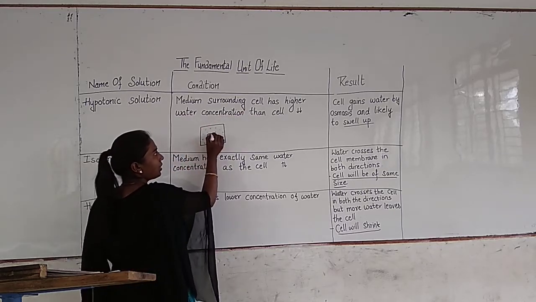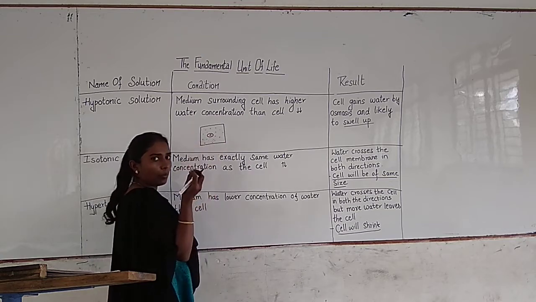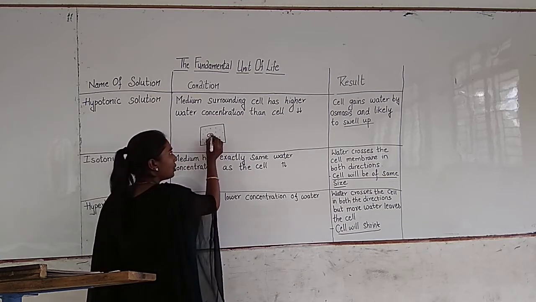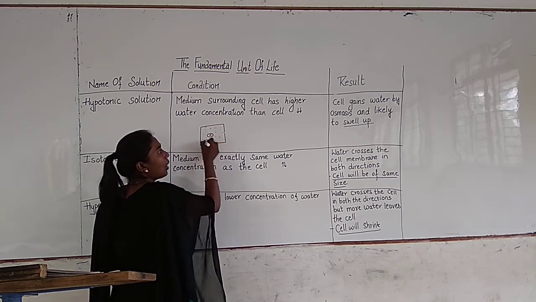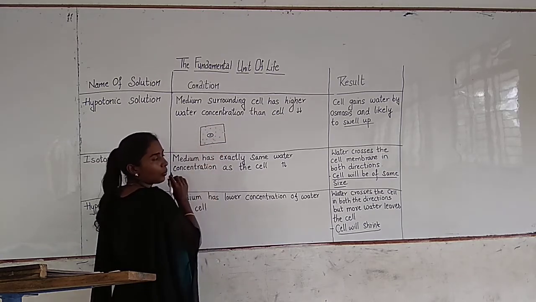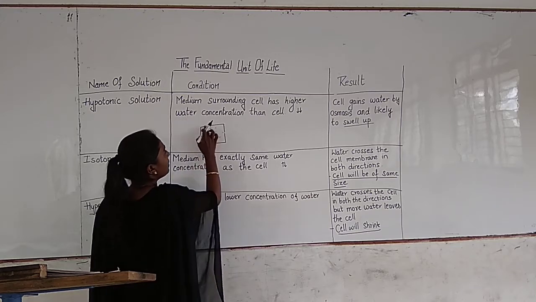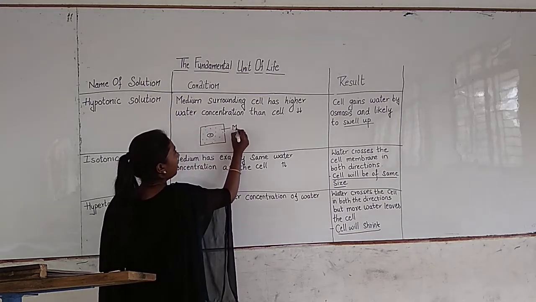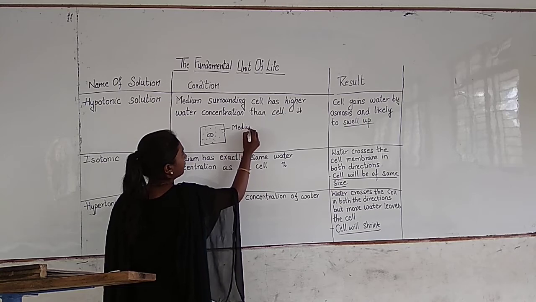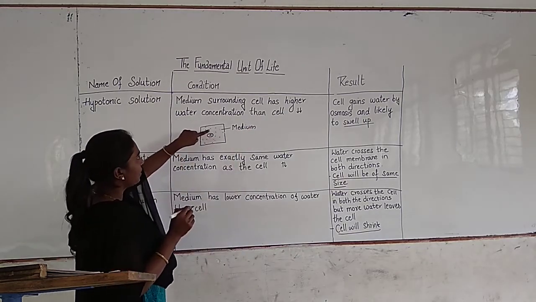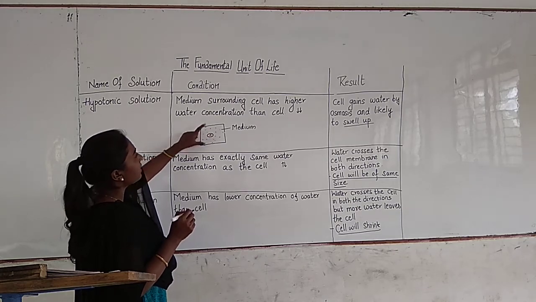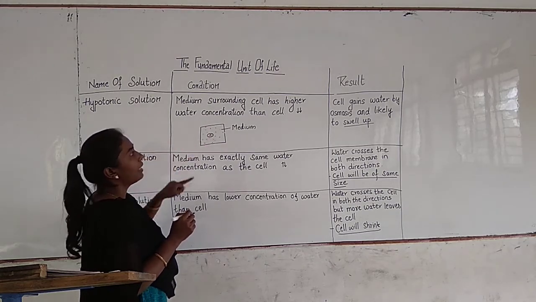The water concentration in this cell is low compared to the water concentration which is outside, what we call as the surrounding, right? So this is called the medium. So the medium surrounding the cell has higher water concentration than the cell.